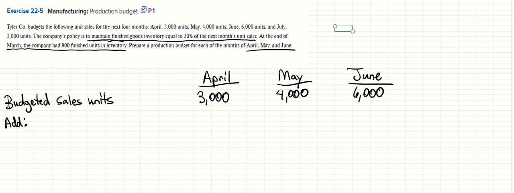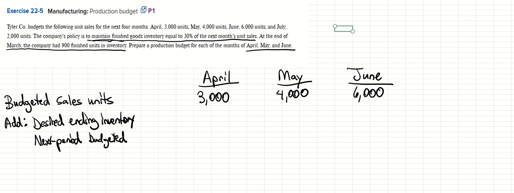So we're going to add the desired ending inventory. Which means that we're going to bring in the next period's budgeted sales units, and that's going to be May, 4,000 units. Then we're going to multiply it by the 30% that they give us.